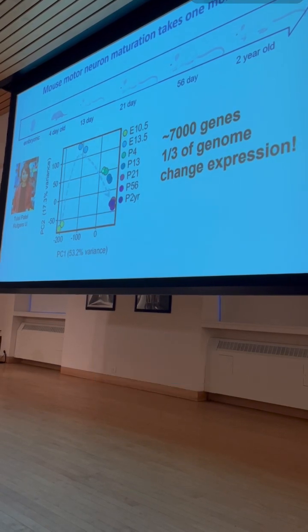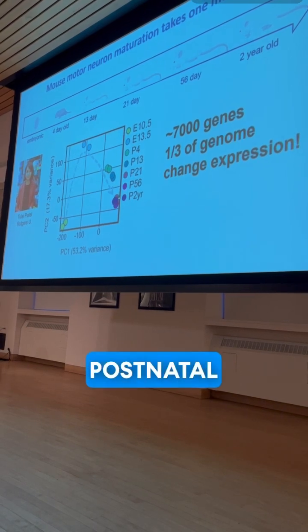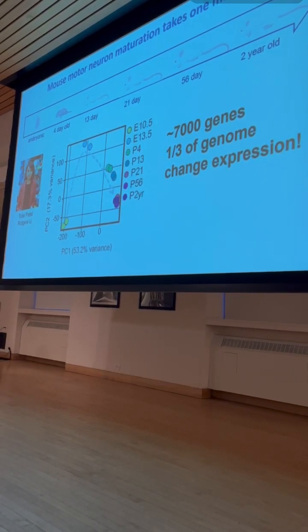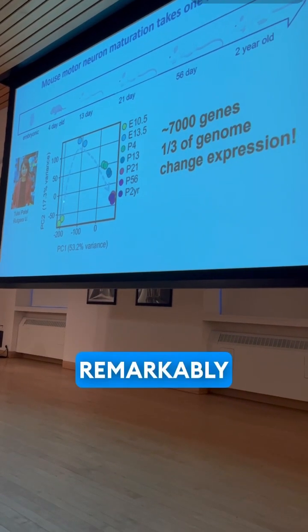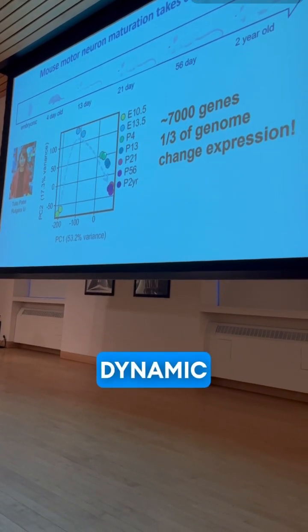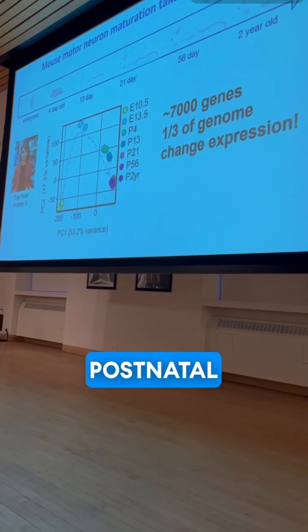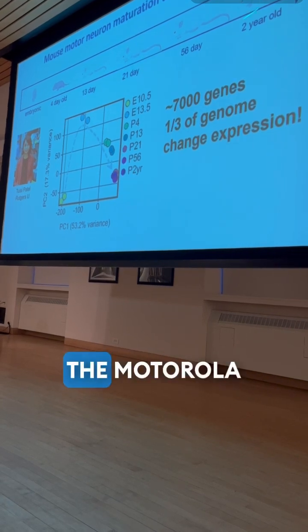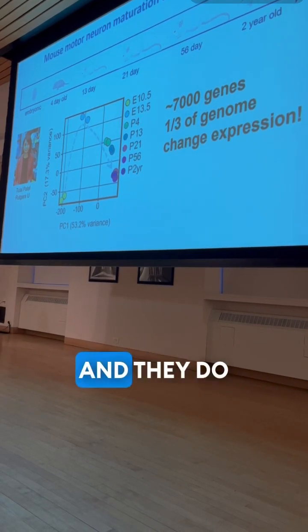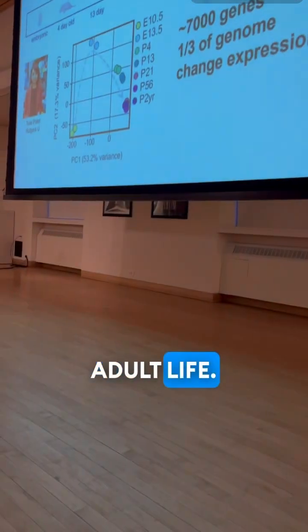This is now postnatal day 4 motor neurons, postnatal day 13 motor neurons, and then postnatal day 21, 56, and 2 years. And so what you can appreciate here is that there is a remarkably dynamic change in gene expression all the way from embryonic day to postnatal day 21. And at postnatal day 21, the motor neurons become very stable, and they do not really change during the rest of the adult life.